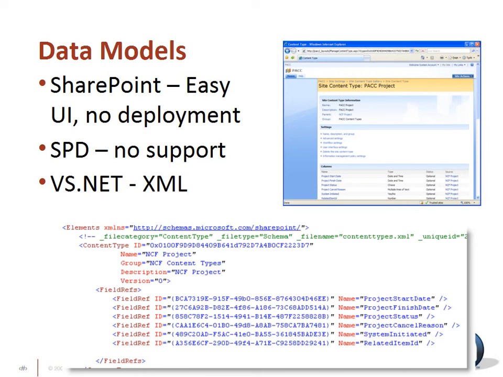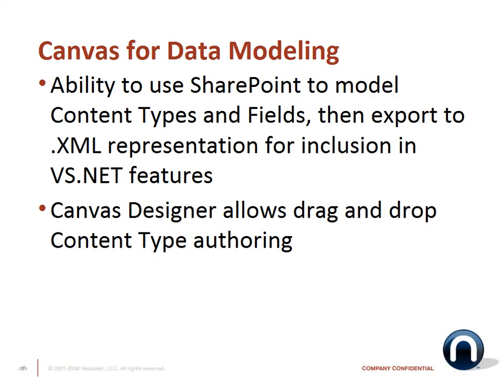So then let's talk about how Office Canvas, specifically for data modeling, decreases the risk and shortens the time frame required to create these things. So first and foremost, we provide you with the ability to essentially go into a development SharePoint site, model all of your content types and fields in the SharePoint UI.